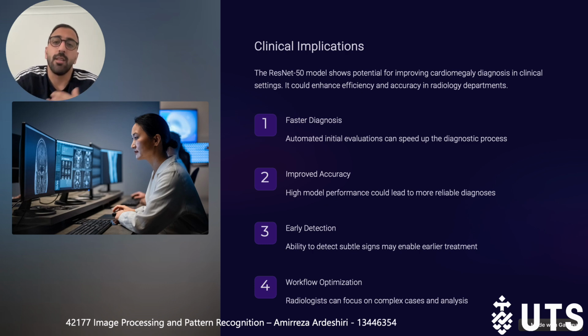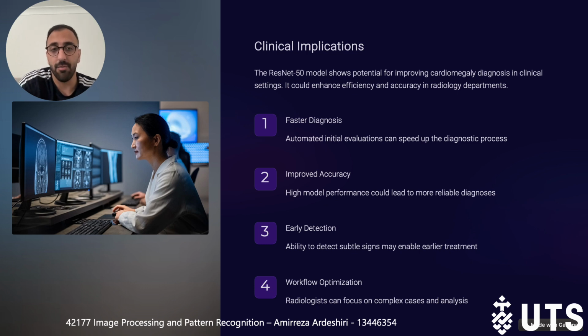Now let's discuss the clinical implications of their model in this study. First, automated detection can lead to faster diagnosis, which is crucial in urgent cases. The high accuracy of ResNet 50 could improve diagnostic reliability, allowing radiologists to focus on complex cases.